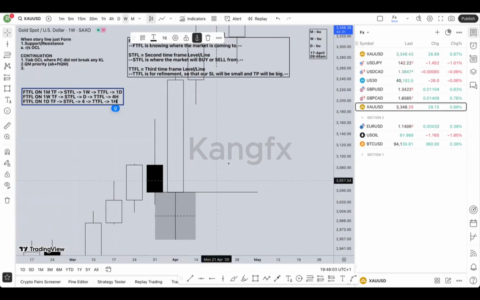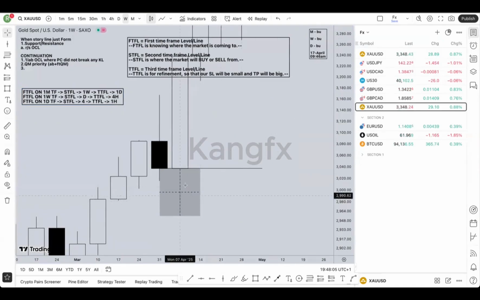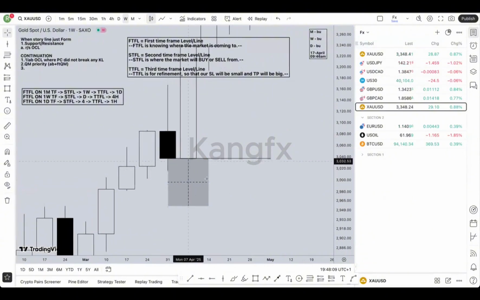So this one here, the FTFL is on weekly. After marking out our area where we're going to look for the next key level to use, we are going to go down to daily because FTFL is on weekly.